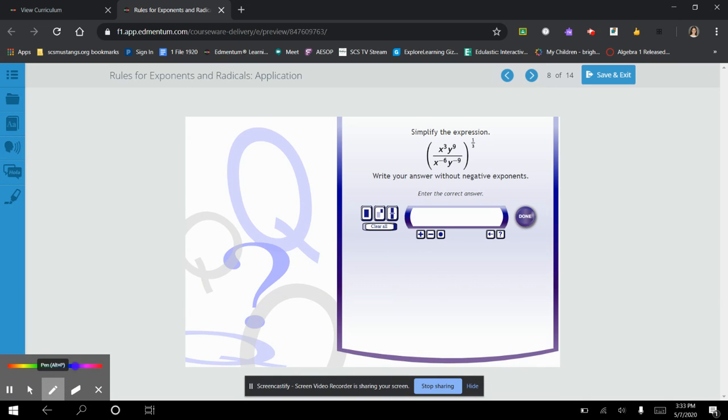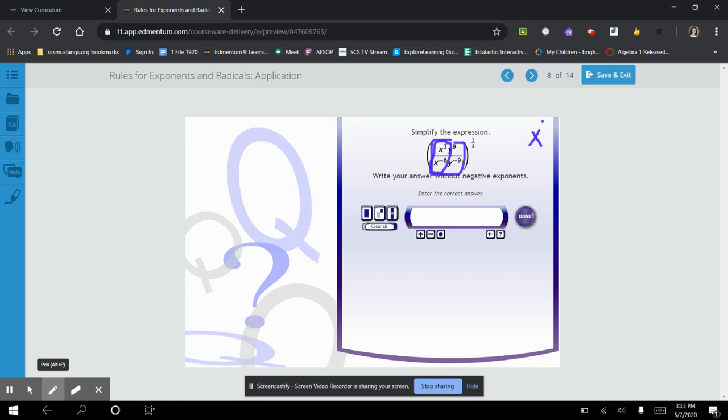I am going to focus on just what is inside those parentheses and simplify that first, and then worry about distributing the 1/3. You can do it the other way. It's going to be a little bit more work, but in the end, whatever gets you there that you understand works fine. But I'm going to simplify these first. That way I've got fewer variables to distribute the 1/3 to.